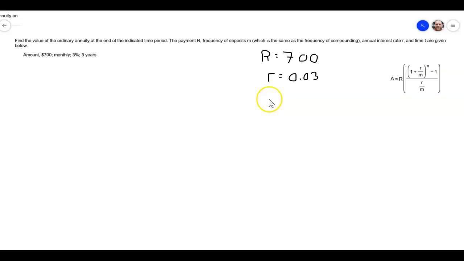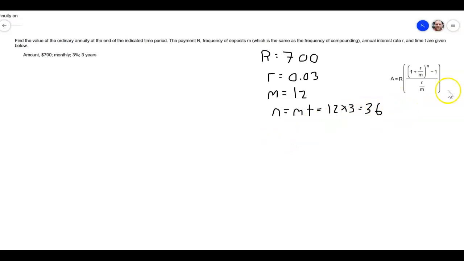Our M, that's the number of periods per year, is monthly, so that's 12. Our N, the total number of periods is, remember, we can find that out by taking M times T, which in this case would be 12 times 3, which is 36.